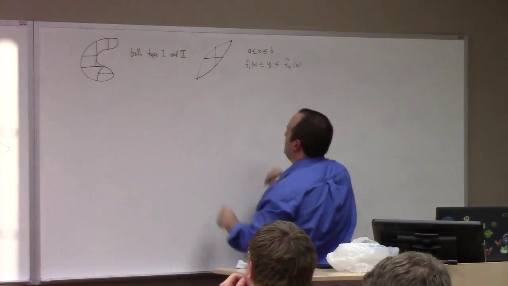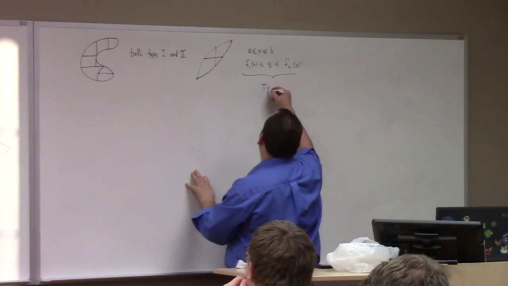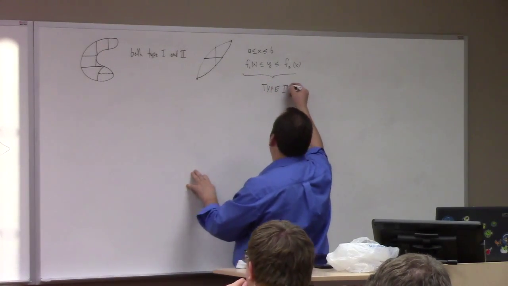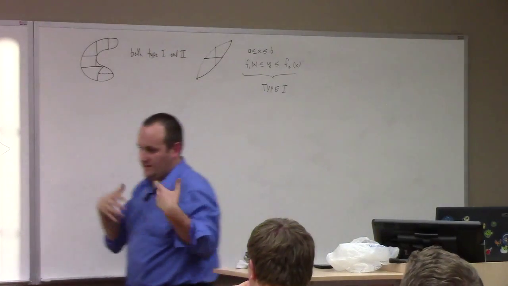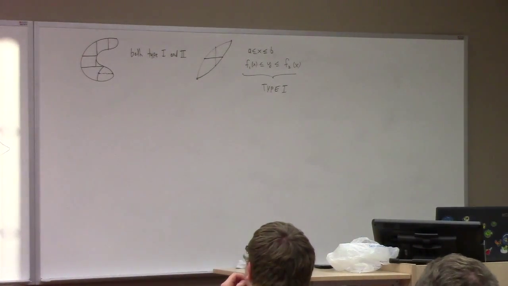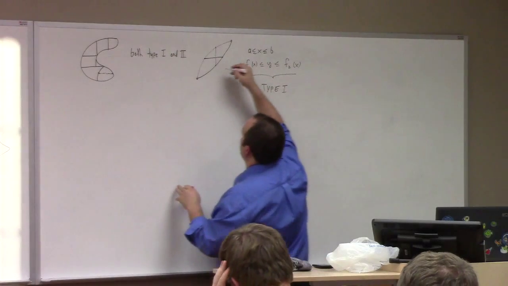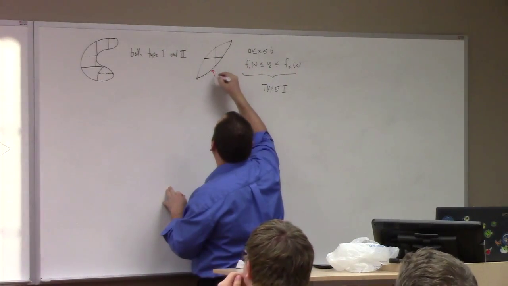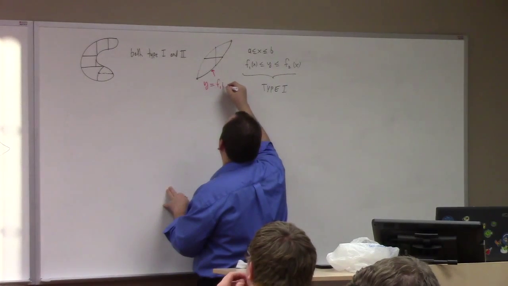That's the type 1 description of it. But if it's simultaneously type 1 and type 2, I can also describe it in terms of the inverse functions of f1 and f2. This would be y equals f1 of x.